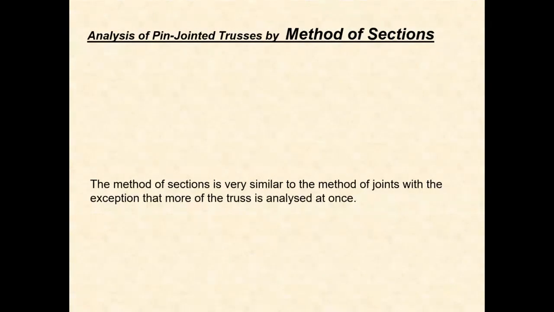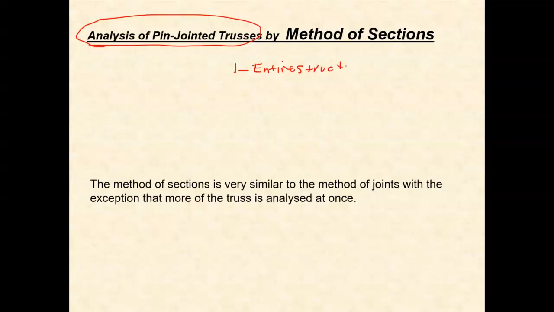All right. So now we want to introduce another technique. So far, you remember how many techniques we had? The first technique of analyzing the pin joint trusses. So you want to analyze the pin joint trusses. That means you want to find the forces inside the truss. The first technique is entire structure, released from the support.